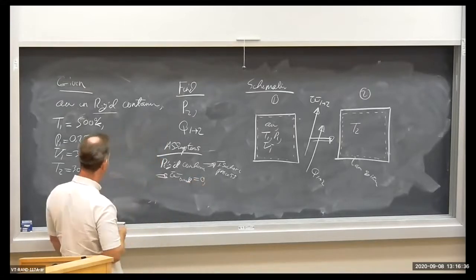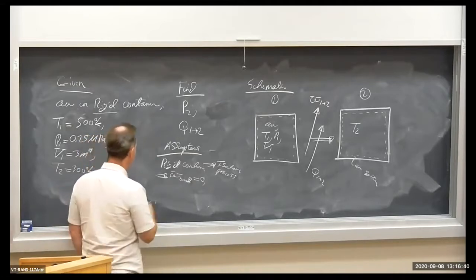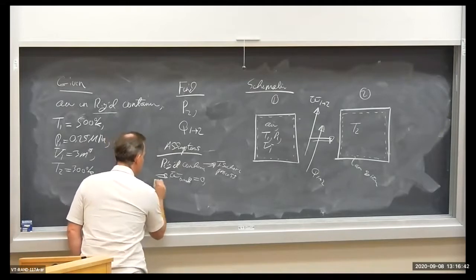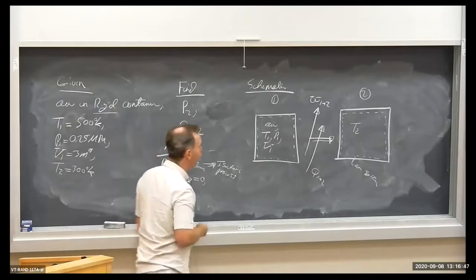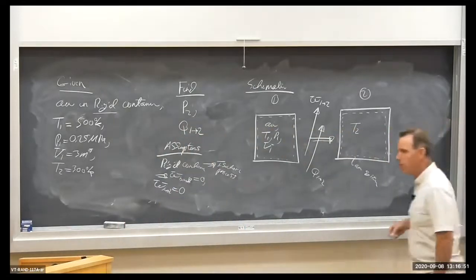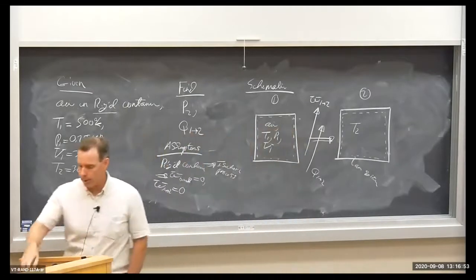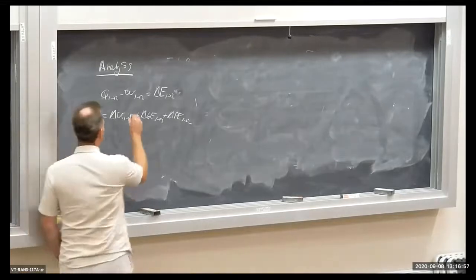Rigid container, isochoric process, no boundary work, no shaft work, no electric work. So I'm just going to write here W 1 to 2 equals 0. No work. Okay, so let's go to our energy balance here and we'll cancel that term out. No work. That's gone.